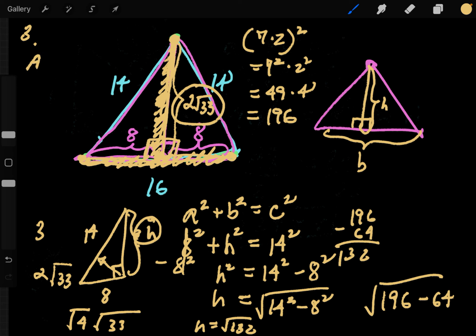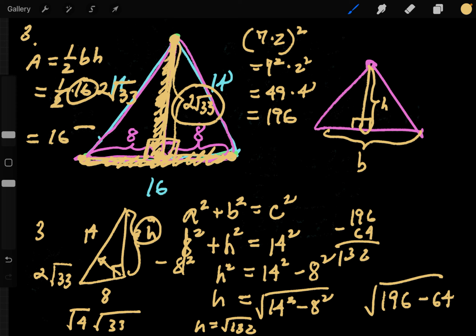So the area is equal to 1/2 base times height. I just solved for the height. The base is 16 times the height, 2 times square root 33. 16 by 2 is 8 times 2 is 16 again. 16 square root 33 is the area of this triangle.